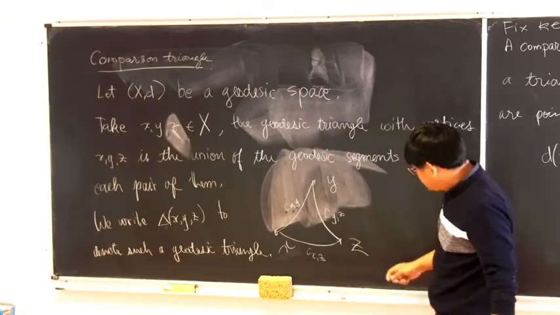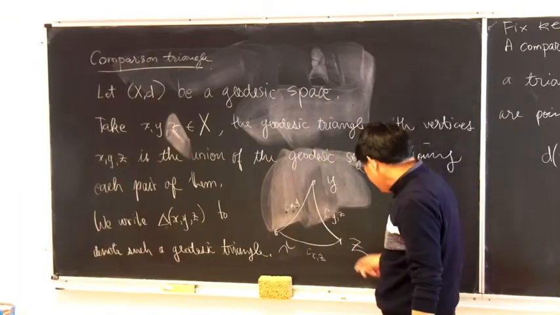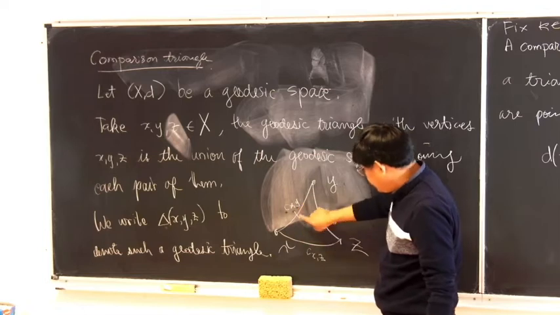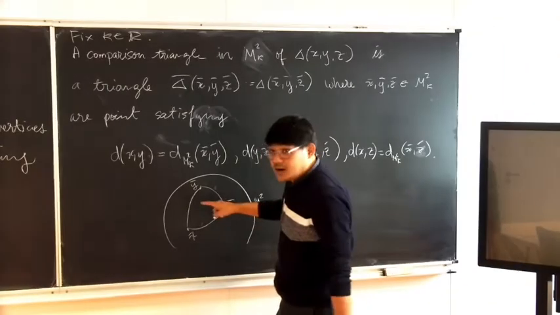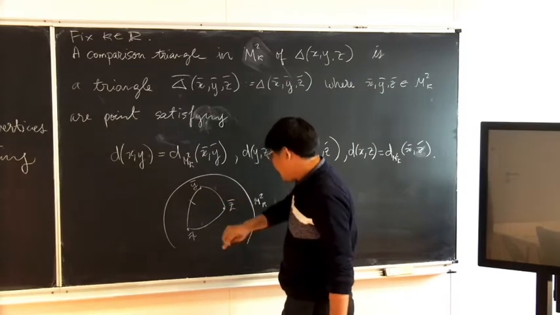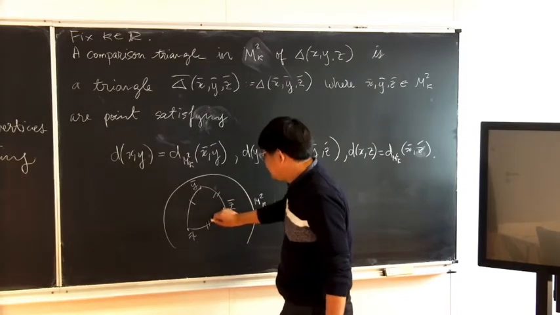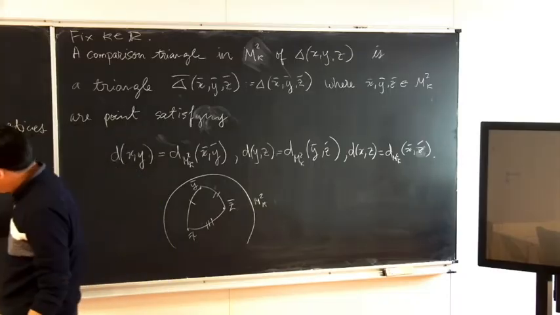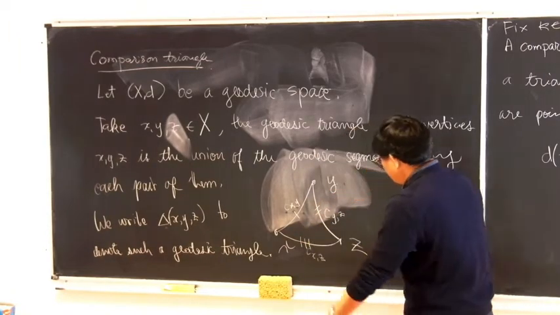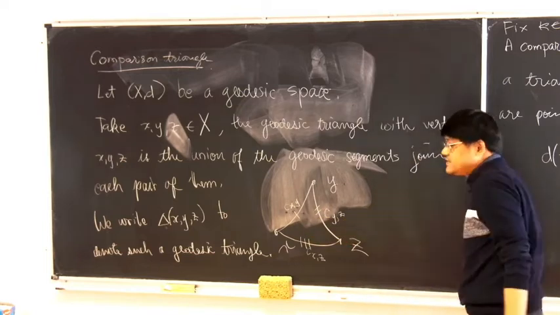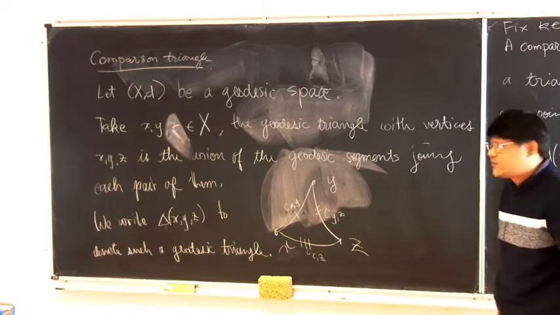So X and Y here have to have the same length as X bar and Y bar here, and similarly for the other two. So you have kind of similar triangles, but in different spaces.